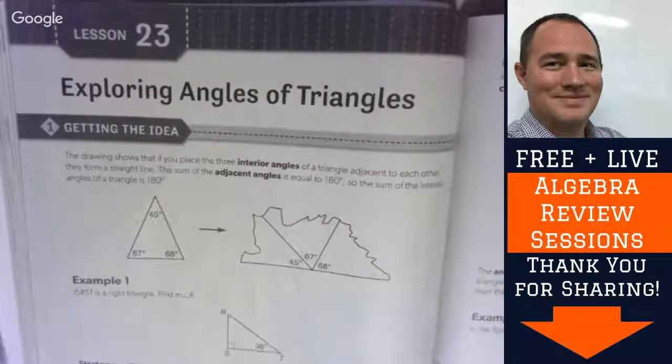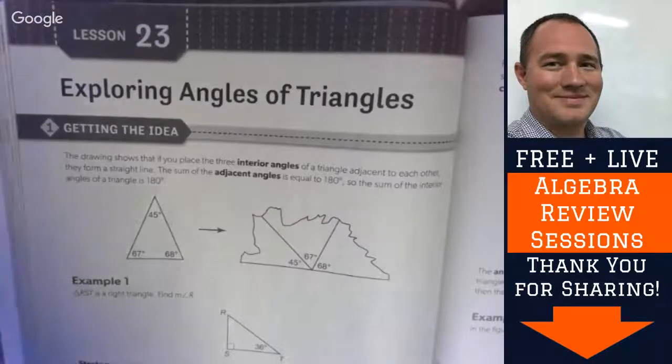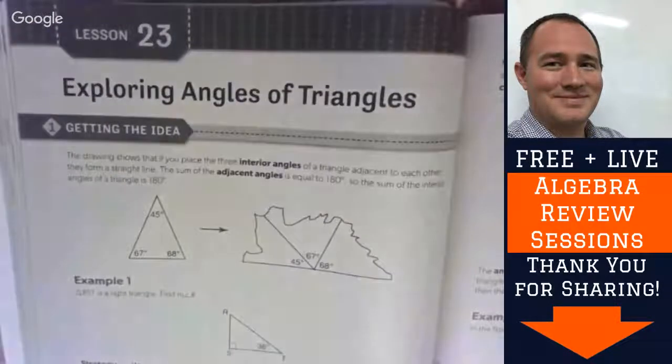Okay, hello, welcome to lesson 23 of the summer live streams to get everyone ready for their algebra and geometry classes this fall. We are going over exploring angles of triangles today.